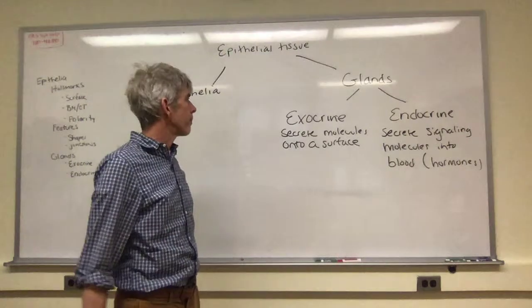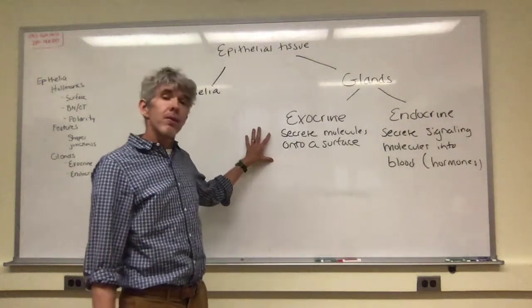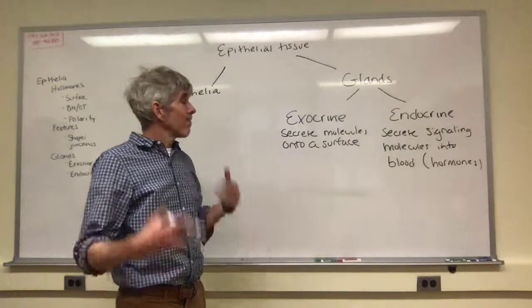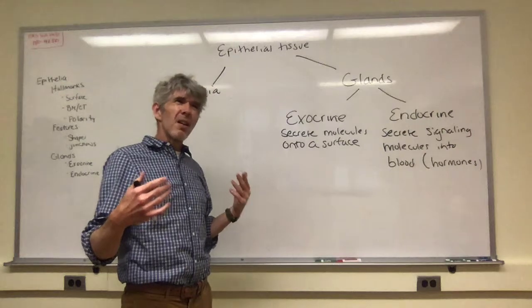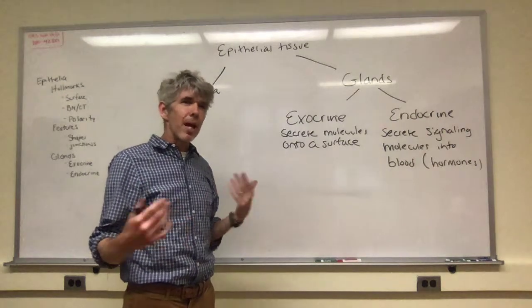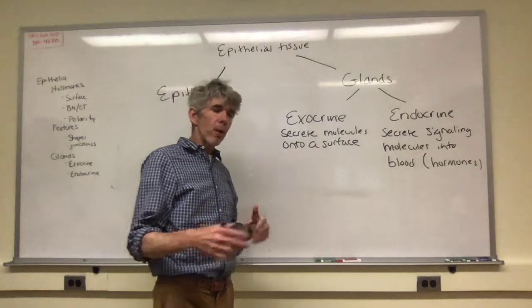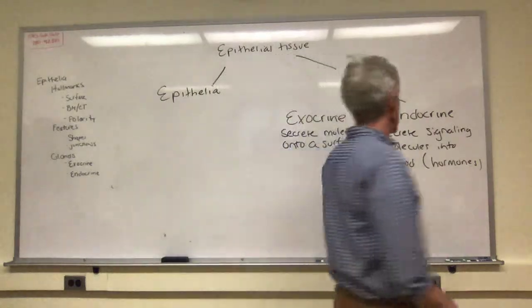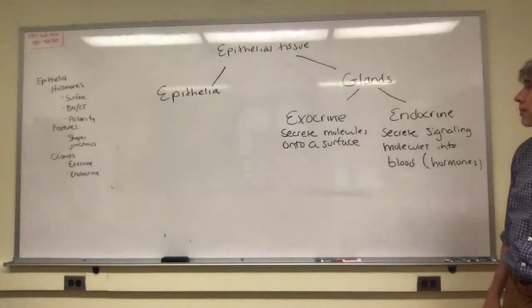There's a basement membrane. One exception to that is the epithelial cells of the liver, which actually secrete onto a surface, but the cells don't have that typical apical polarity, and the organization of the cells is much more like the organization of epithelial cells that form endocrine glands.